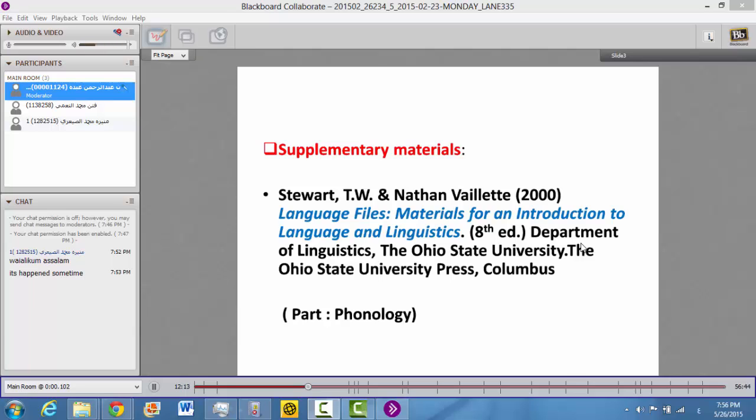As I told you before, in our last class, try to study the definition of each feature. Try to train yourself on how to write the matrices of some sounds. List all the features that are related to the consonants and all the ones that are related to the vowels.